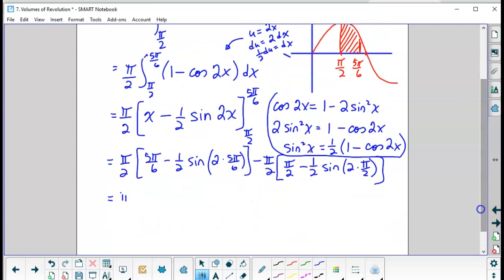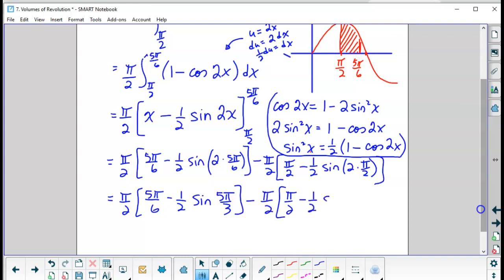Okay. So now 5 pi over 6 minus 1/2 sine of 5 pi over 3. You could expand out the brackets, I'm just going to finish in here.